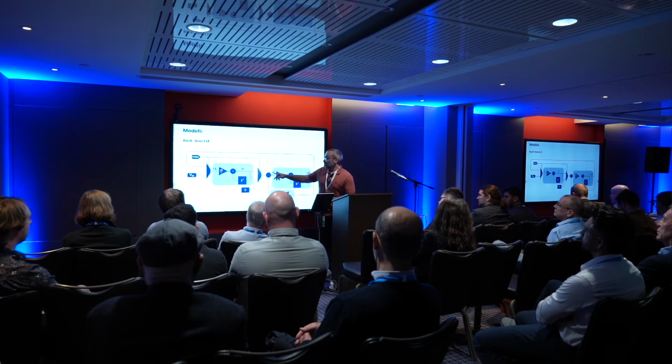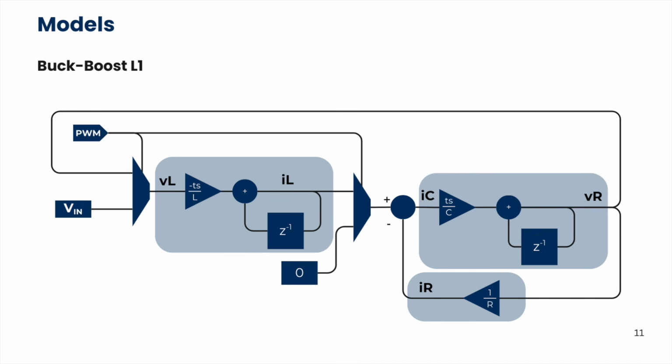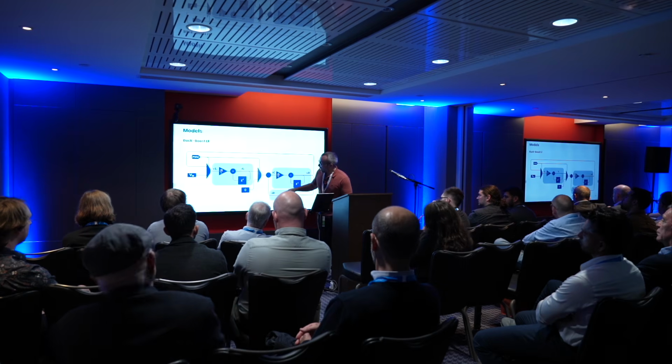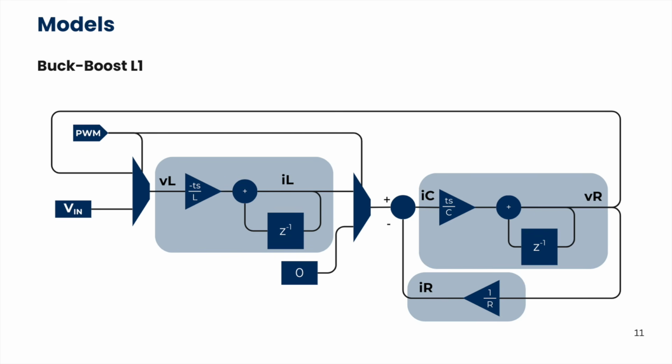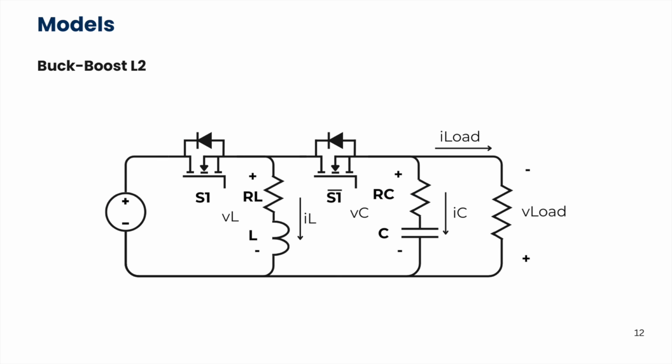You have as an input the current through the capacitor, and then we are going to obtain the voltage in the capacitor, which is the same as the voltage on the resistor. And then here you have the model of the resistor, which is essentially Ohm's law that returns us the current through the resistor.